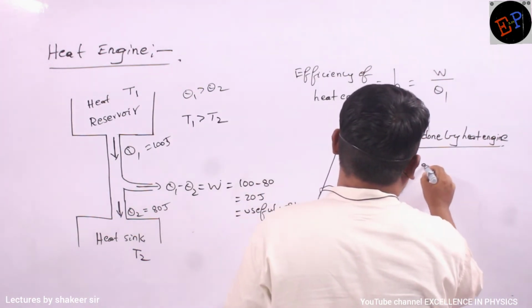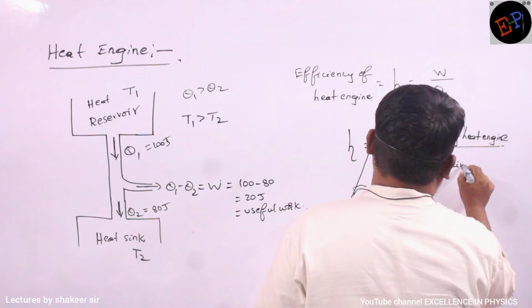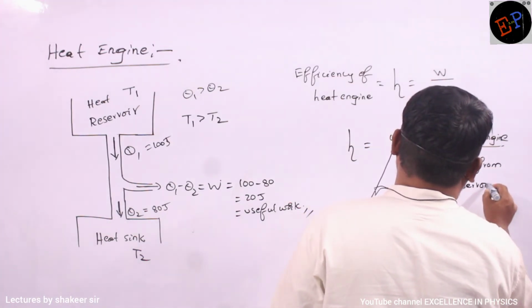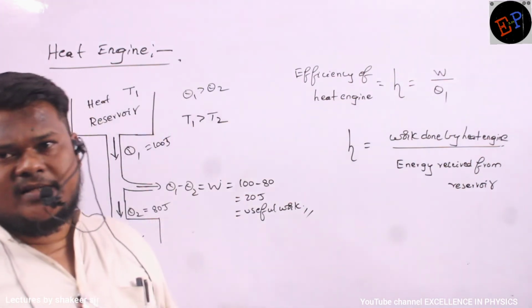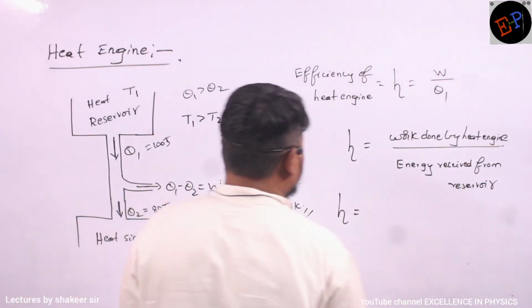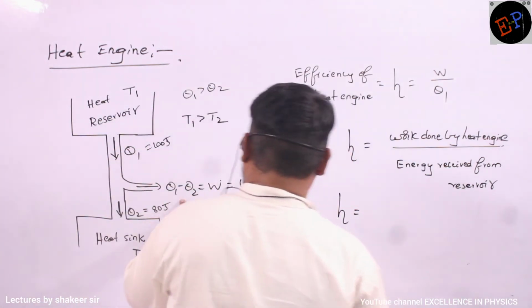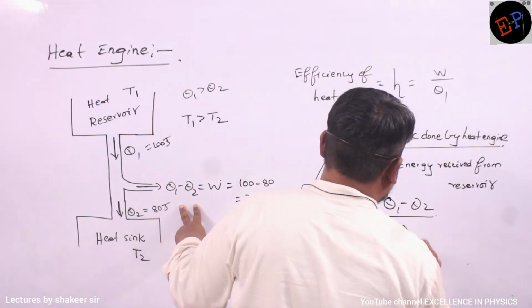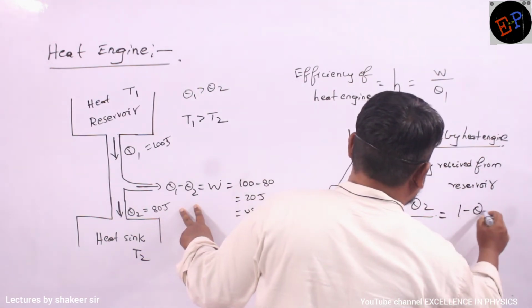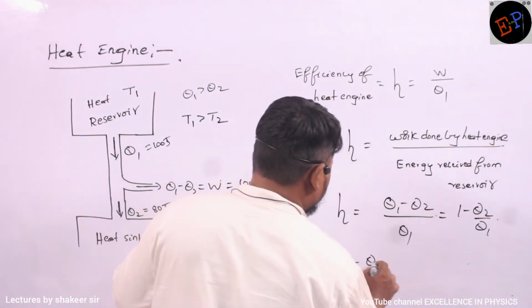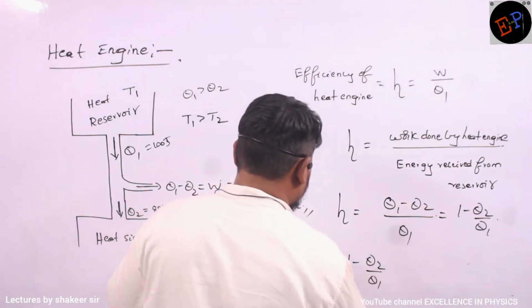Energy received from the reservoir. This is called the efficiency of a heat engine. So efficiency can also be written as follows: work done can be written as Q1 minus Q2, divided by Q1. So therefore it is 1 minus Q2 divided by Q1.